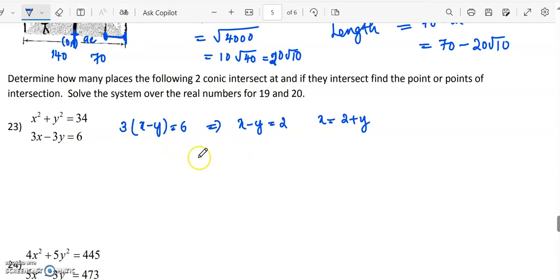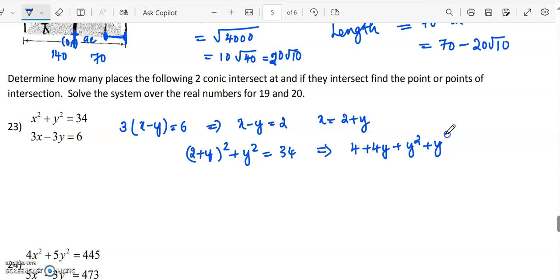So upon substituting into the first equation, we get (2 plus y) whole squared plus y squared equal to 34. So expanding this, we get 4 plus 4y plus y squared equal to 34. So that will be 2y squared plus 4y, and 4 minus 34 will come, so that will be minus 30 equal to 0.